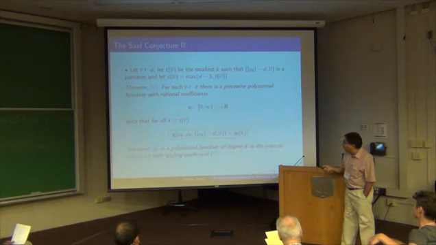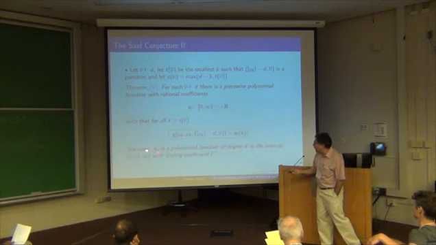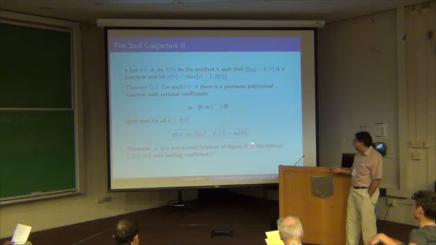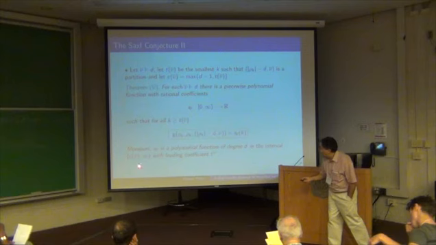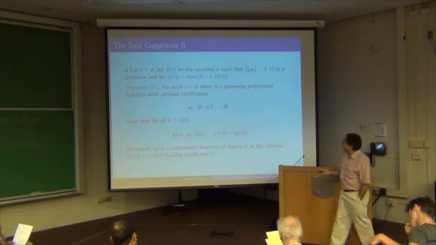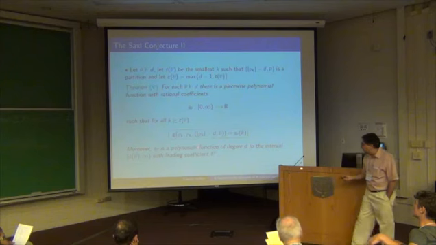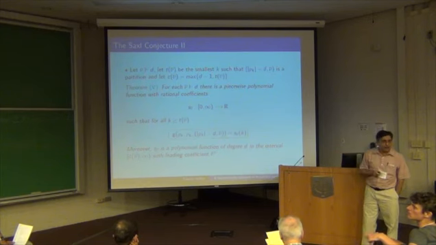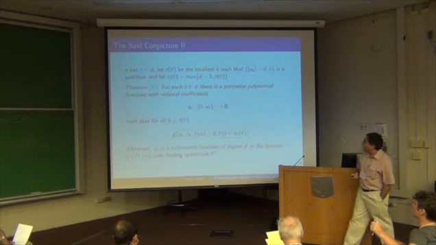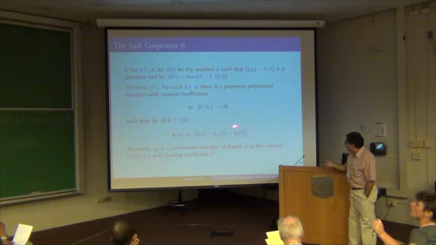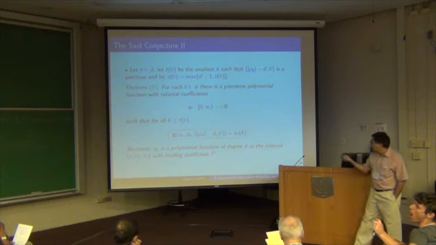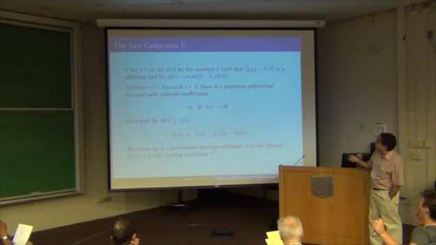And moreover, S nu bar is a polynomial function of degree D, where D is the size of nu bar, in the interval C of nu bar to infinity. So this C I define here. And the leading coefficient is the number of standard Young tableaux of shape nu bar. So in some sense, this polynomial has some combinatorial information inside.